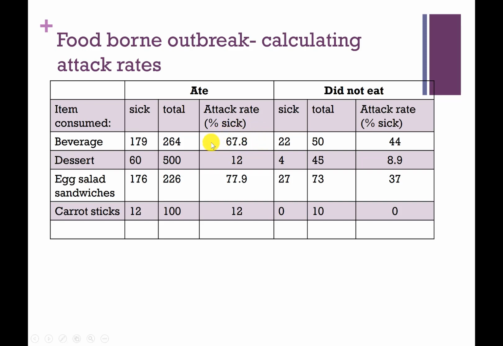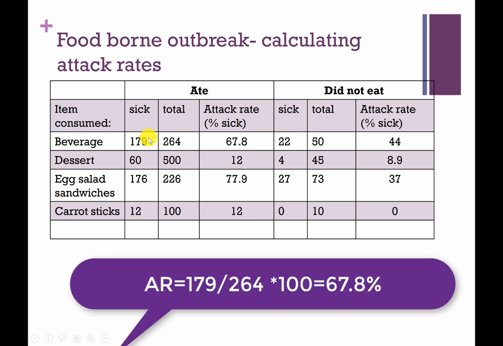So here, for example, you can see we calculated the attack rate for those who drank the beverage, and if you take 179, the people who became sick, over 264, the total people who actually drank the beverage, right? That would be your attack rate times 100, which gives you 67.8%.